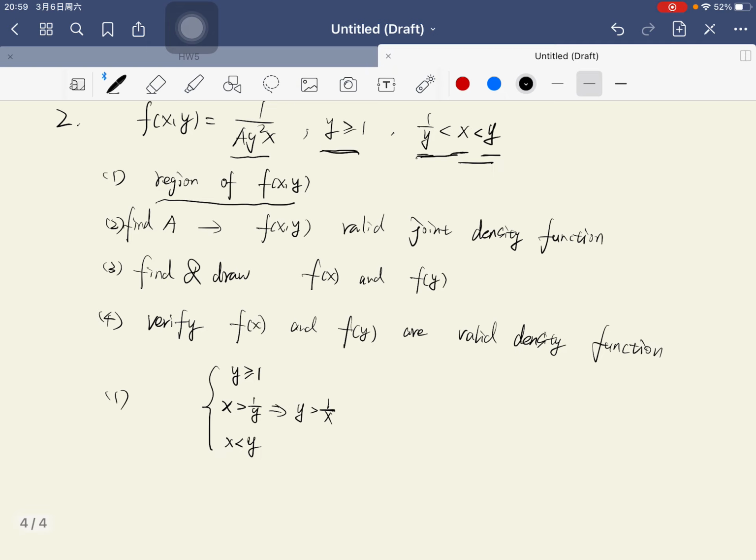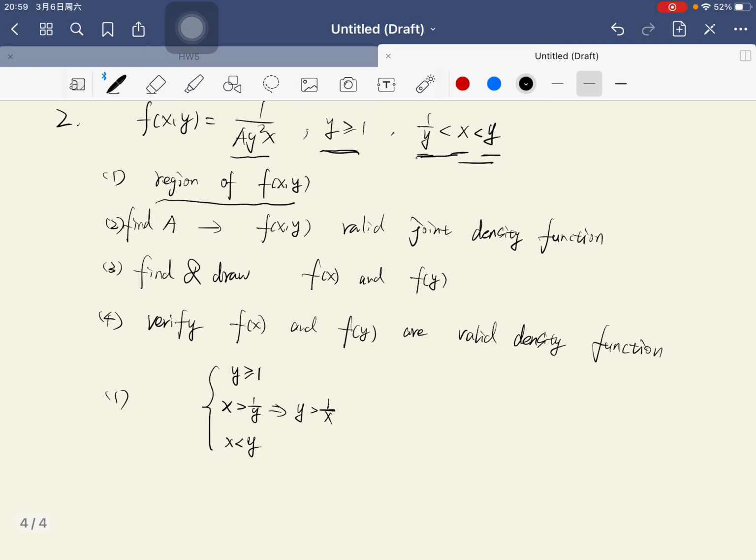So we could draw this in the y-x plane. This is y equals 1, the blue line, and the region is above the blue line. This part is the red curve, on the right side.